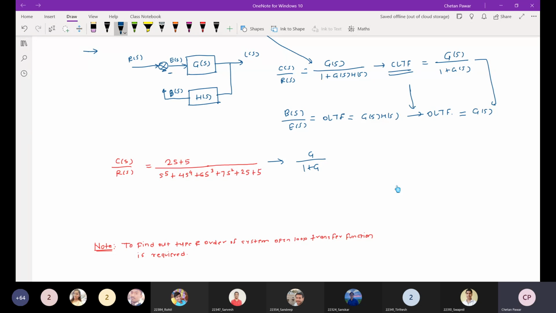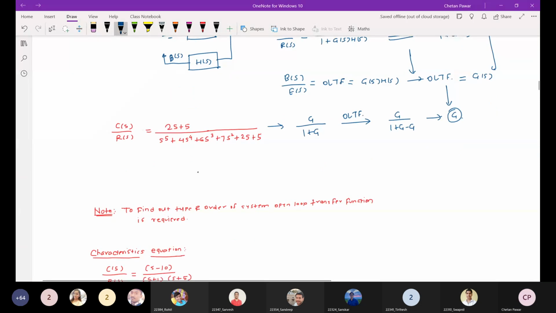Now I want to convert this into open loop transfer function. So what I will do, I will just subtract the numerator from the denominator, right? So that will give me the open loop transfer function, right? I will just subtract the numerator from the denominator. Okay, so here just do like that. That is a shortcut to find out this particular open loop transfer function.